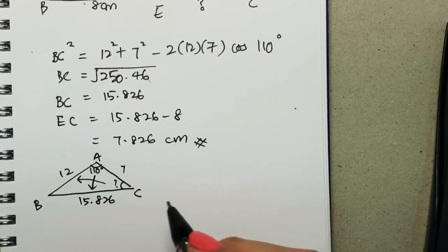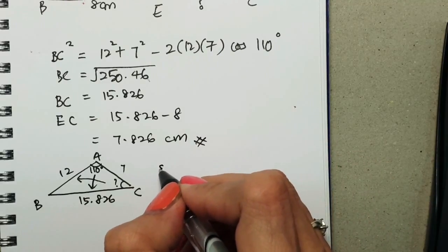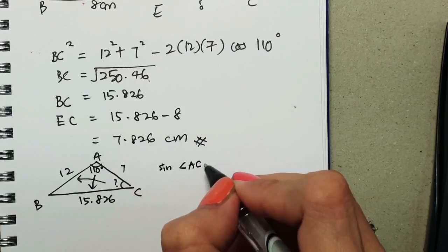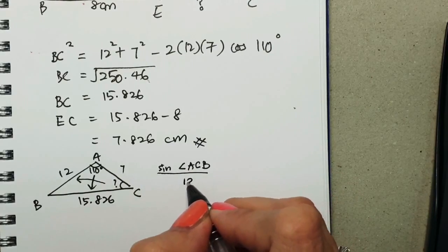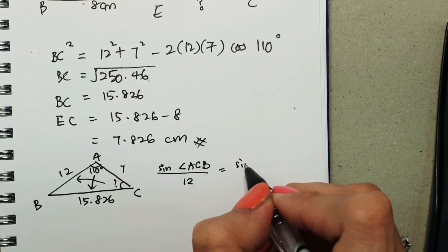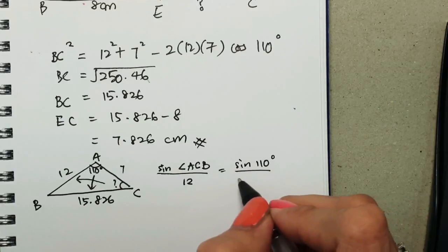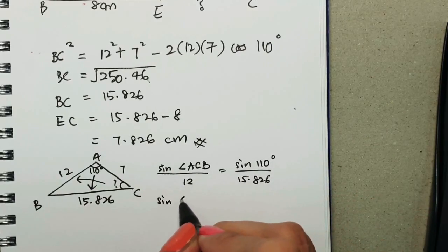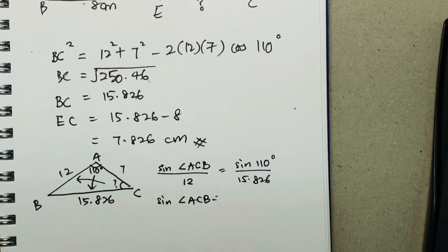Since that angle is the one we want, in our formula we have to put it on top. So sine angle ACB over the opposite length 12 equals sine 110 over BC, the whole thing, 15.826.